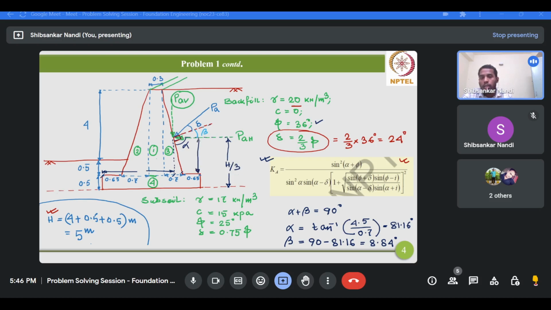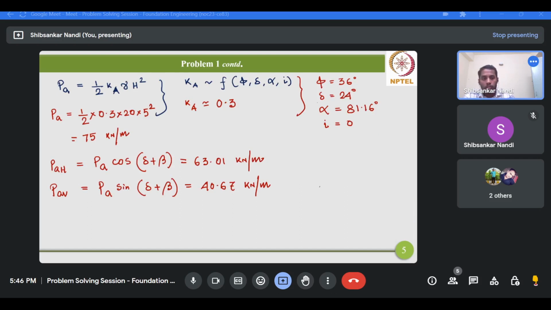Now once we know this side, dividing by tan will give you the base dimension. If I draw the picture here, this is PAV acting.